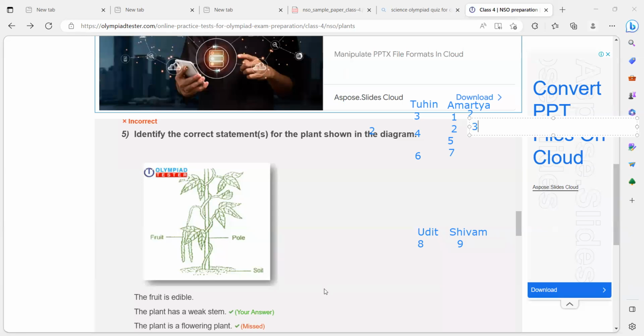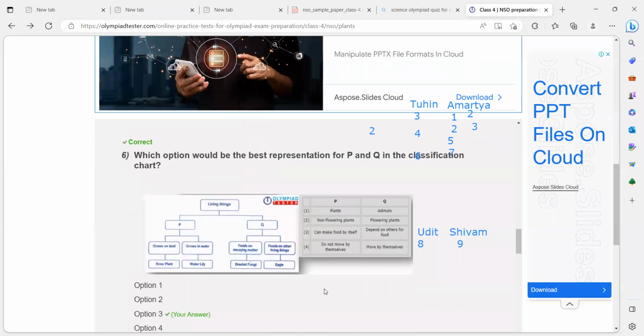Okay. Now the next one. Which option would be the best representation for P and Q in the classification chart? So P is correct. This was told by Tuhin. So Tuhin also gets 1. That is 3. So which are living things?